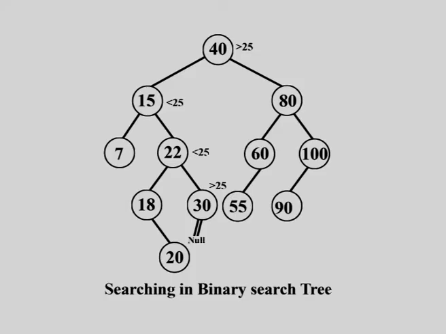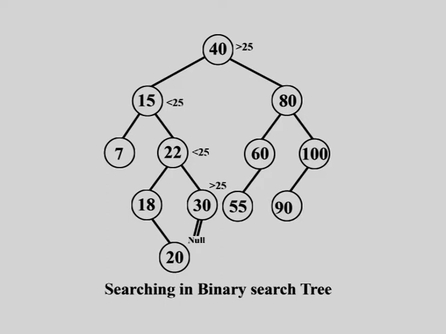Let us look at another example. Here we are to search for element 25. Comparing it with root element 40, we move towards the left subtree because 25 is less than root 40. In the left subtree, 25 is compared with 15. Now, we move towards the right as 25 is larger than 15.